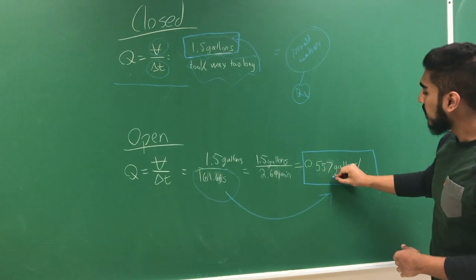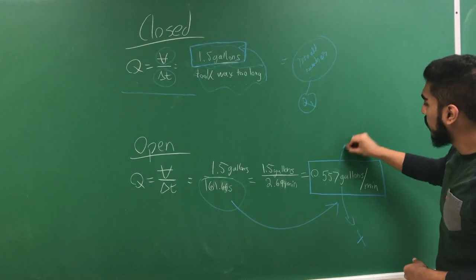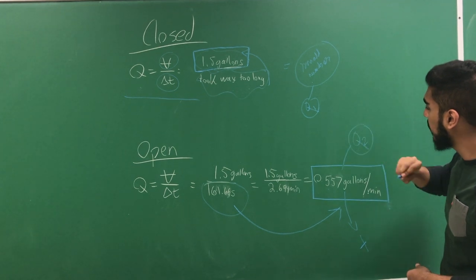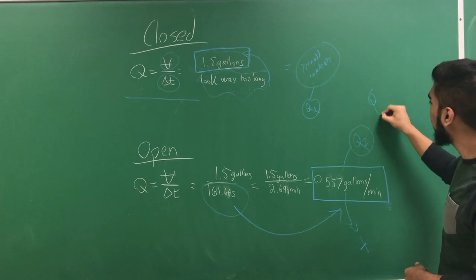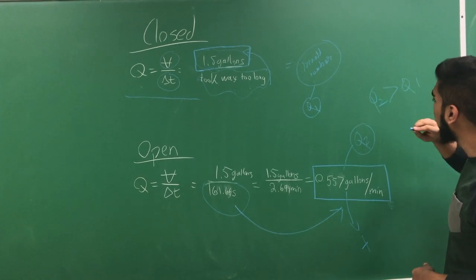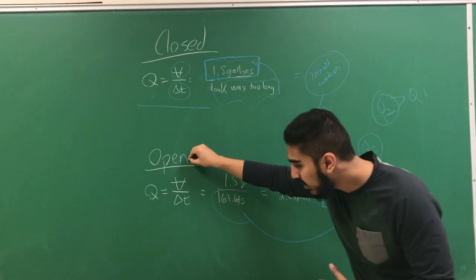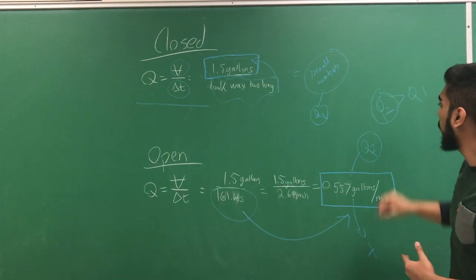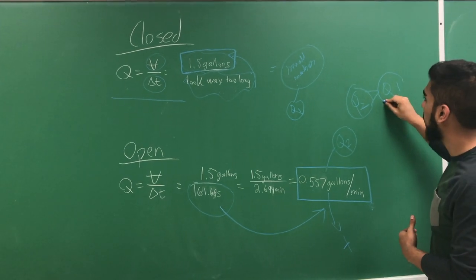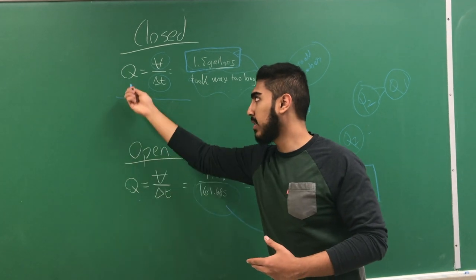This one turned out to be a large number, which we labeled as Q2. Since Q2 is greater than Q1, this proves that the flow rate in the open case is greater than the flow rate in the closed case. Therefore, Q2 is greater than Q1.